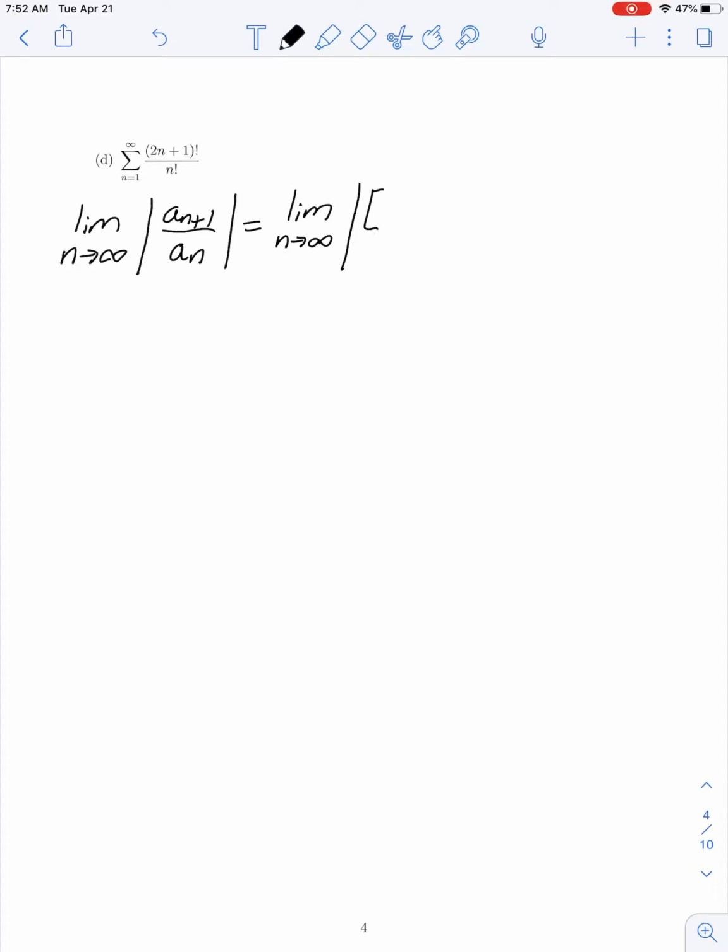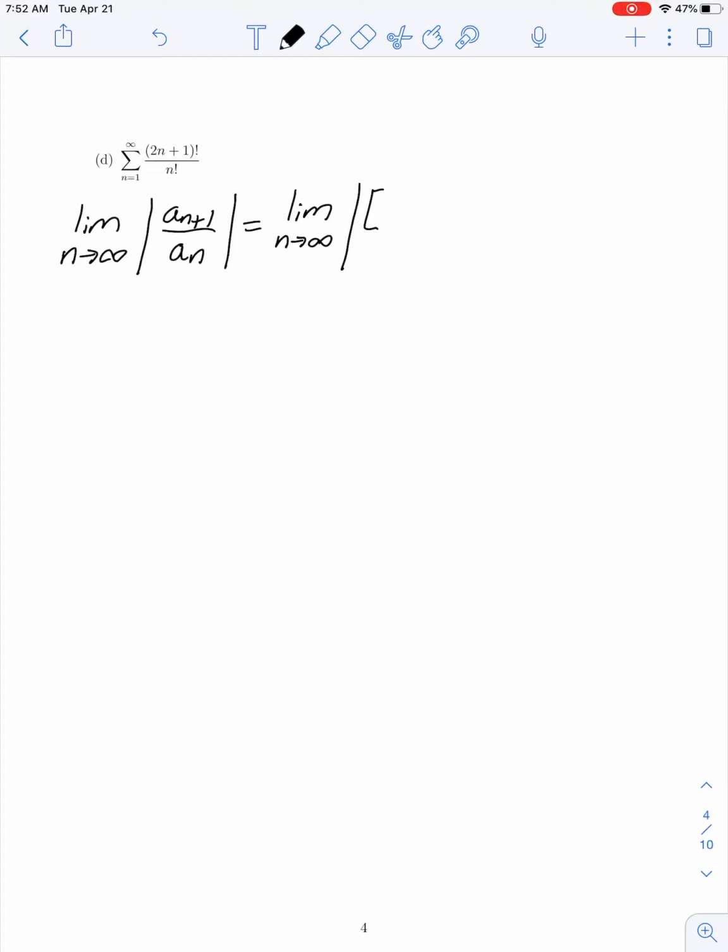Here I'm going to be a little more thorough in showing my work to explain what happens with this numerator term, the (2n plus 1) factorial. So if I replace n by n plus 1, I would have 2 times, not just n, but 2 times (n plus 1), and then plus 1 factorial, over my denominator, which is then (n plus 1) factorial.